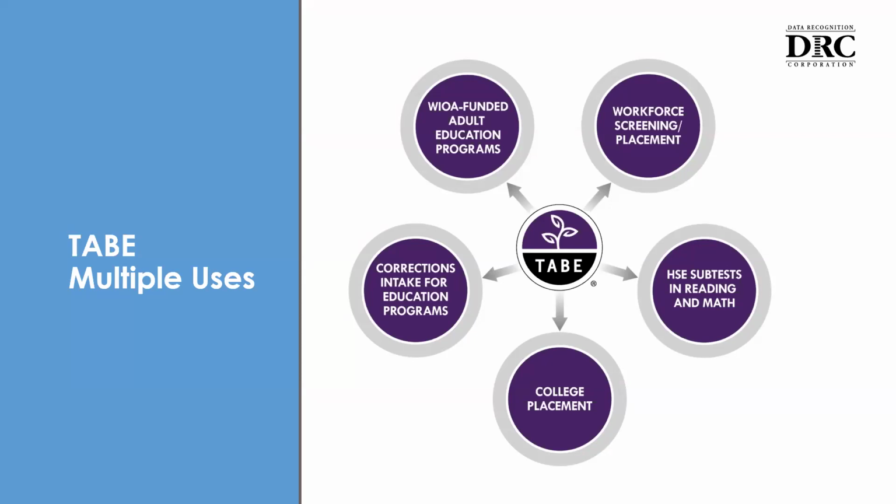And new this year, the state of Tennessee is launching a program that will allow students to use their TABE reading and math scores as replacements for the high school equivalency reading and math tests on the HiSET test that they use within Tennessee. So those are state initiatives that are looking at assessments that are aligned to the same standards, the college and career readiness standards, and allowing students to have a quicker, more affordable path to high school equivalency.